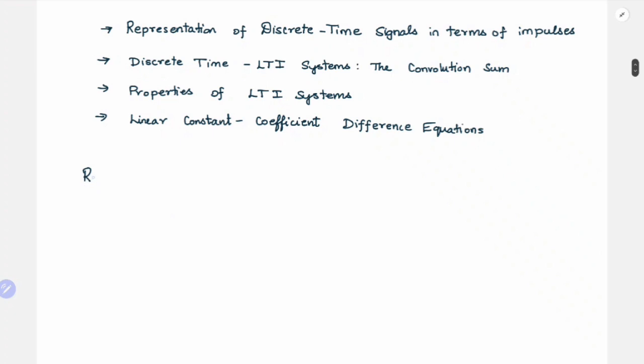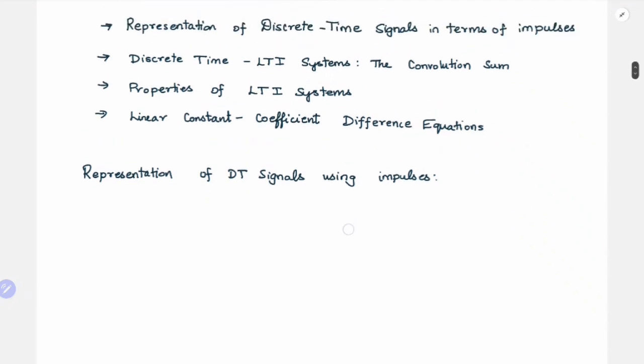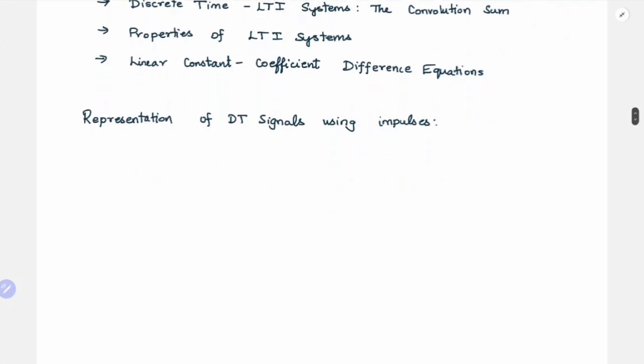So first let us look at the representation of discrete time signals using impulses. So this one we already looked at in the continuous time domain. In the discrete time domain, it is very easy to visualize.